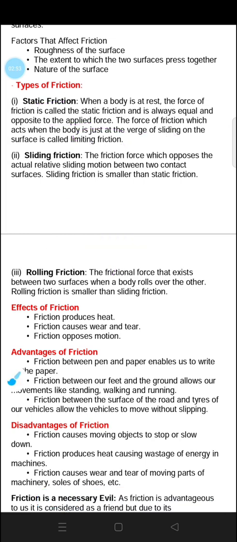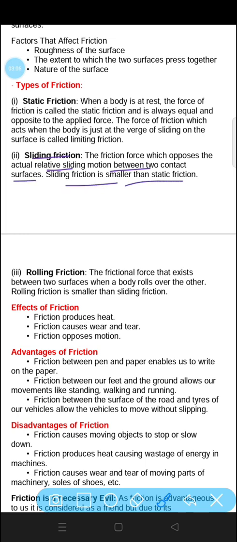The second type of friction is sliding friction. Sliding friction is the friction which opposes the actual relative sliding motion between two contact surfaces. Sliding friction is smaller than static friction. It acts when there is sliding motion between the two surfaces.